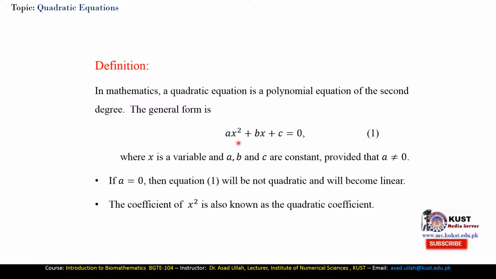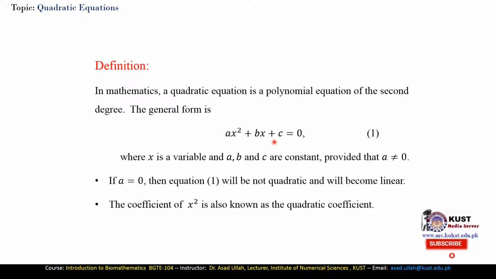If a is equal to 0, this equation becomes bx plus c is equal to 0, which is a linear equation. So this equation will be no more quadratic. In defining a quadratic equation, we must know that the coefficient of x square is not equal to 0.